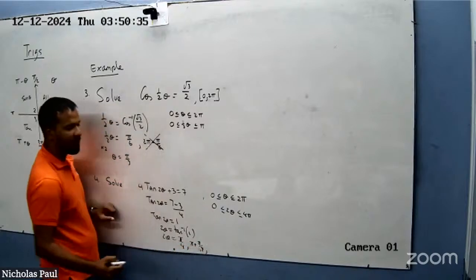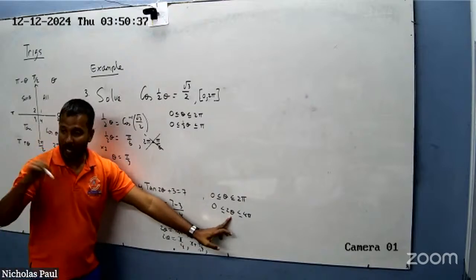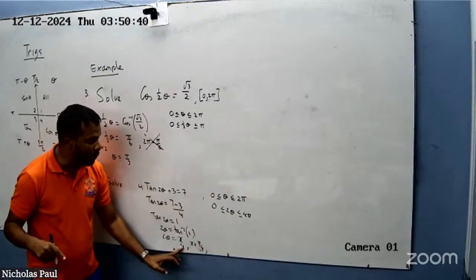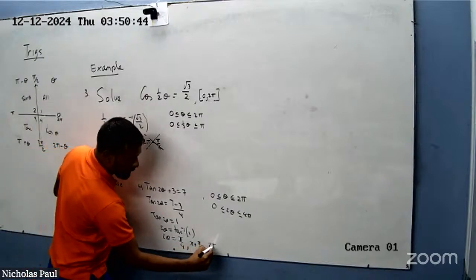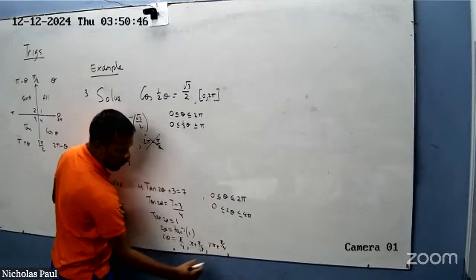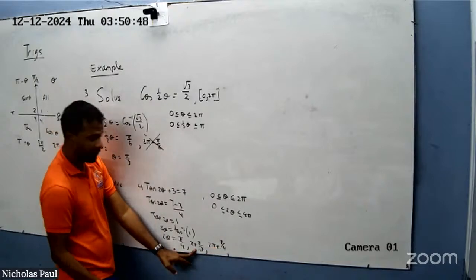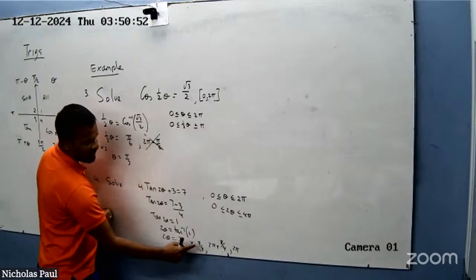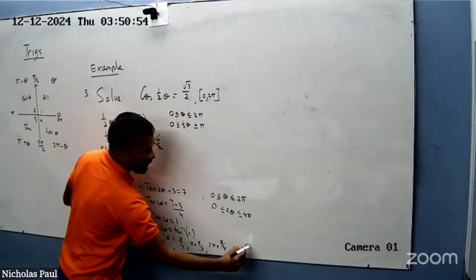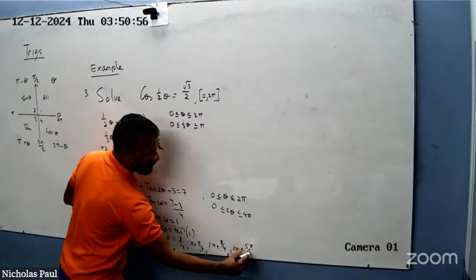And then, because it's the next revolution again, adding 2 pi and adding 2 pi. So that will be 2 pi plus pi on 4. Add 2 pi here again. This is 5, so it's 2 pi plus 5 pi on 4.